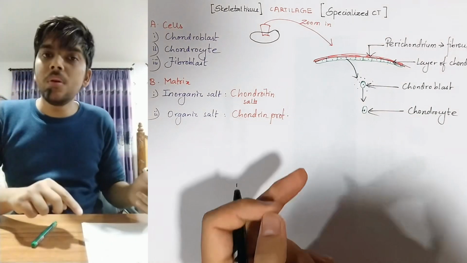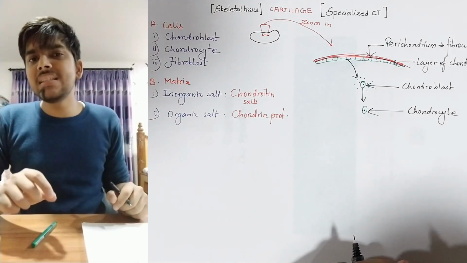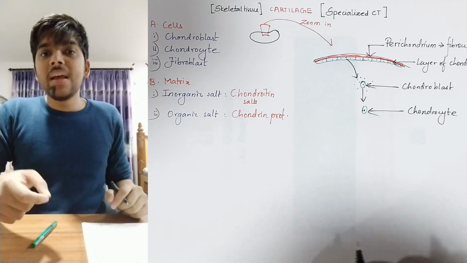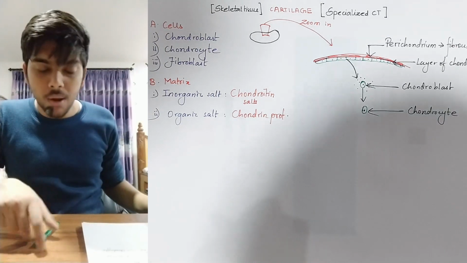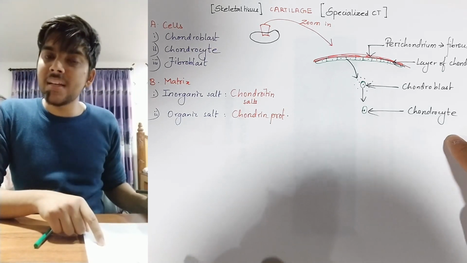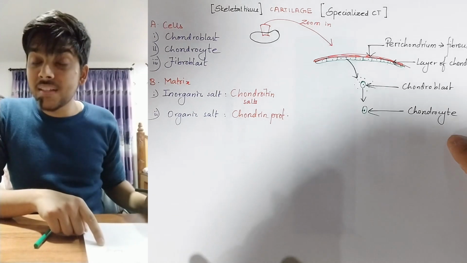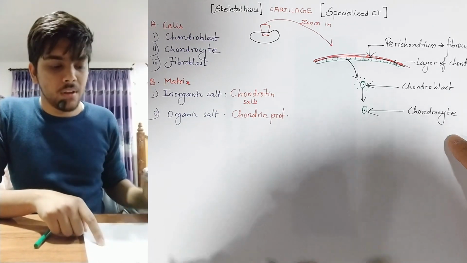In case of bone, osteocytes were formed from osteoblast, and these osteocytes were present inside irregular empty spaces called lacuna. In case of cartilage, the chondrocytes are also present inside a space. However, this space is neither irregular nor empty.